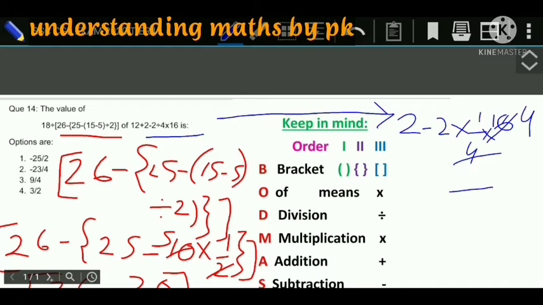So 4 2s are 8. 2 minus 8 equal to minus 6. So the value for this portion comes minus 6.